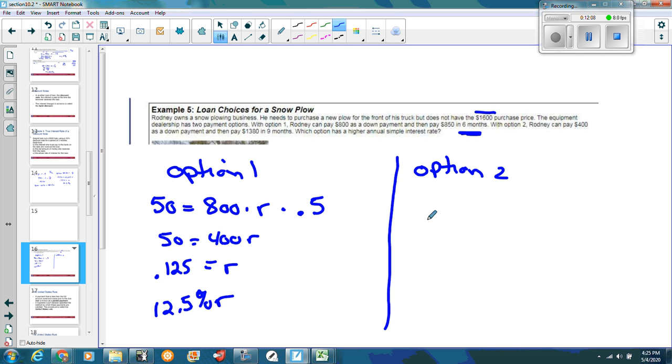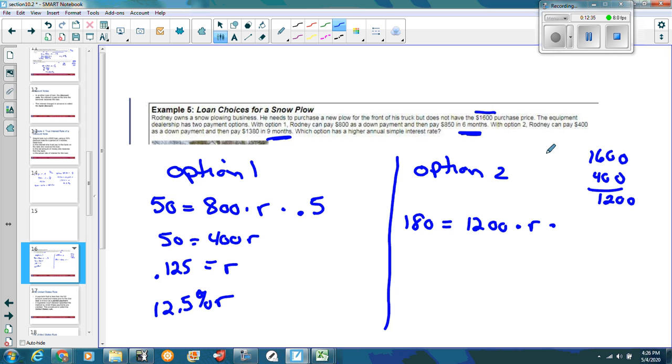Okay, so for the second one, he had to pay $1,380, and the balance, it was 1,600, and at first he paid 400. So his balance should have been 1,200, but he paid 1,380. So he paid 180 interest this time on the 1,200. And this time he did it in 9 months.